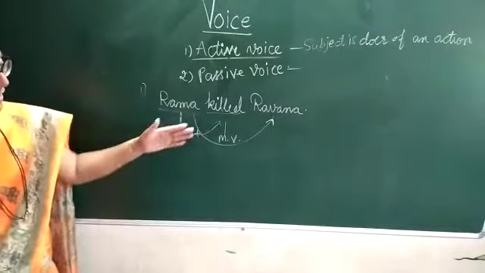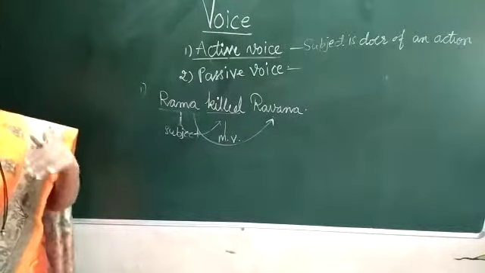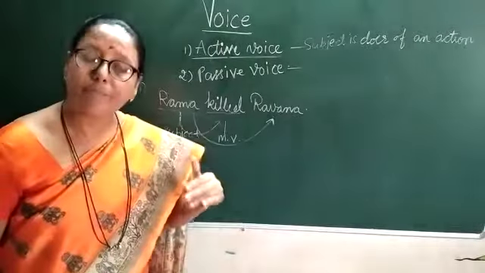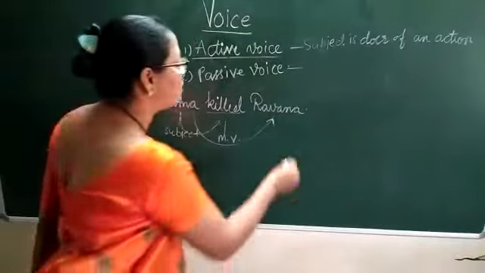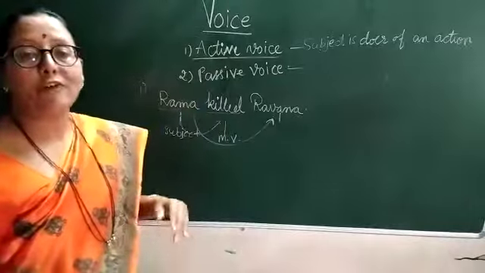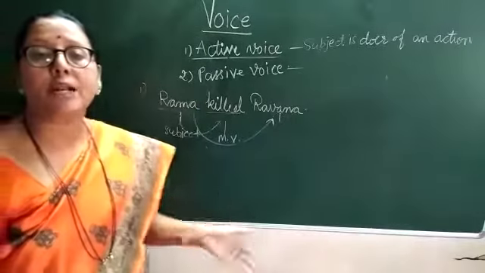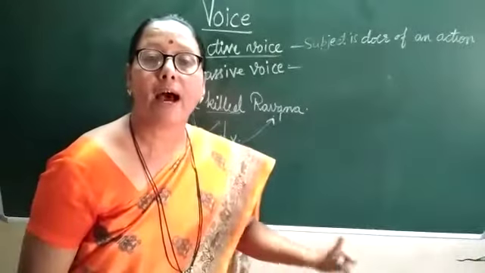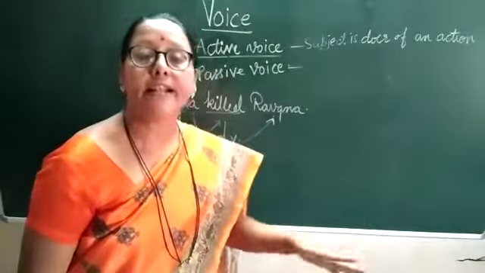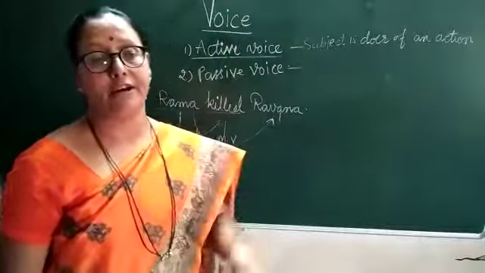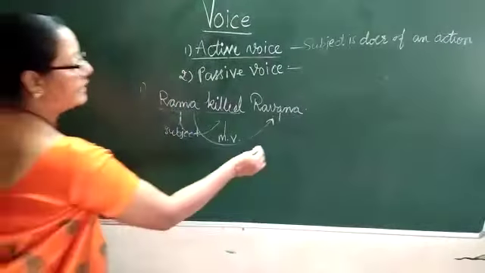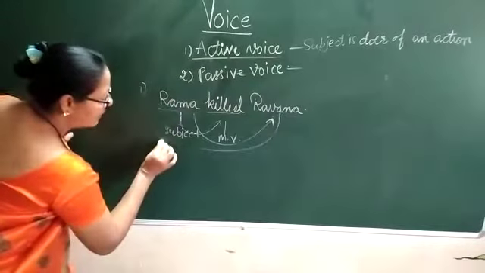Listen, I will explain that one also. When something happened to the object, this is the object. When something happened to the object by the subject, we say the sentence is in the passive voice. Then in this sentence, which is the object? Ravana.